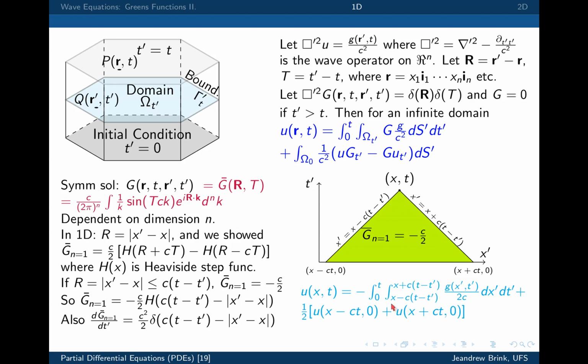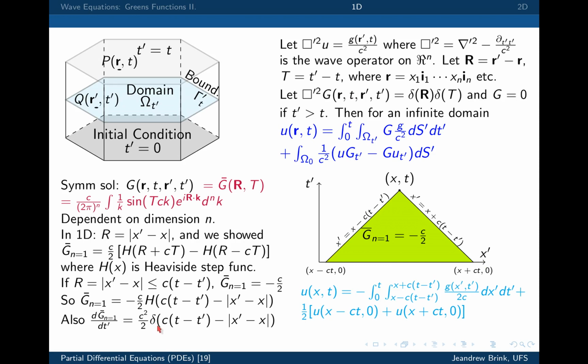And the next term is the contribution from the initial conditions. So at omega 0, which in this example is basically when t prime is 0, so it's this line, you have one contribution that comes from u times the derivative of g, and the derivative of g is just this delta function.